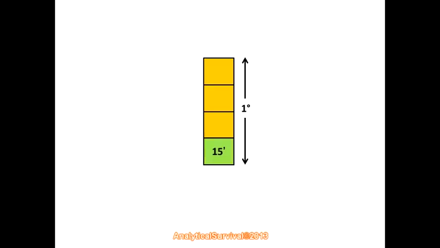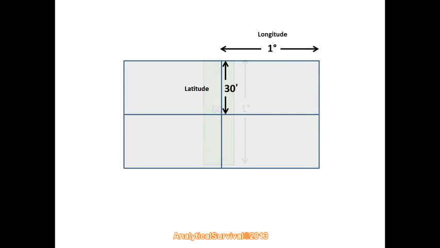So here's 15 minutes, 30 minutes, 45 minutes, and finally 60 minutes, or a full 1 degree. And since we know that 1 degree is equal to 60 minutes, a half degree, if you will, is equal to 30 minutes. We also can convert this 1 degree over here to 60 minutes as well. So there you go.